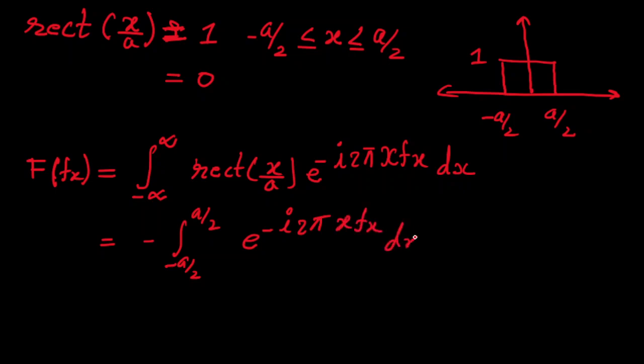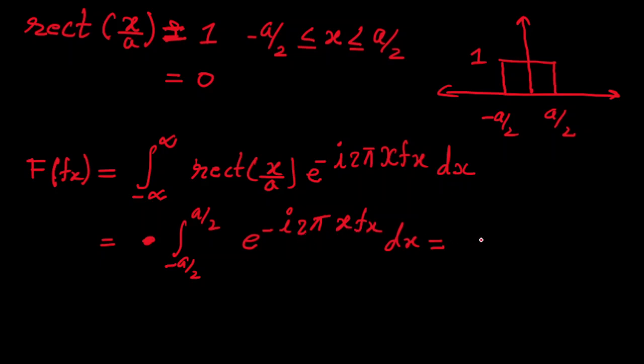And then if you integrate this, what will you get? You'll get a sine function divided by this term, because we have to integrate with respect to x, so we have to divide by 2 pi fx.